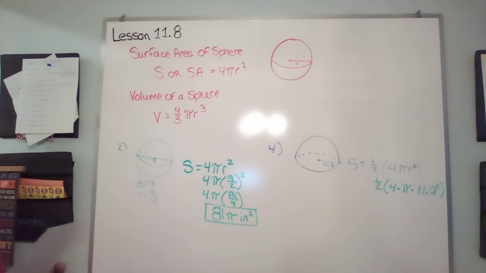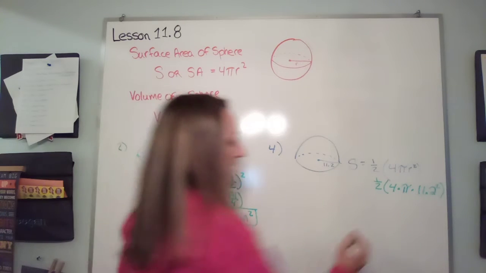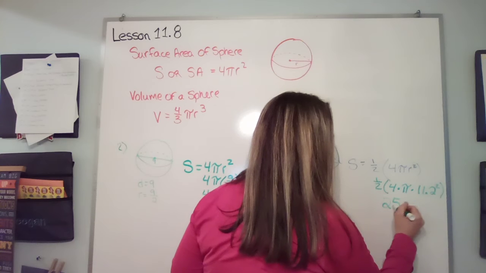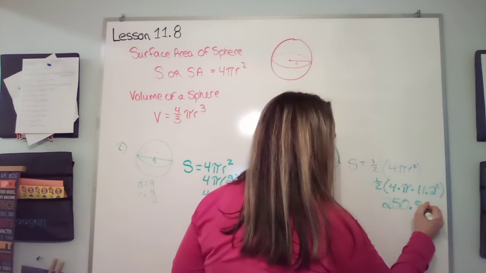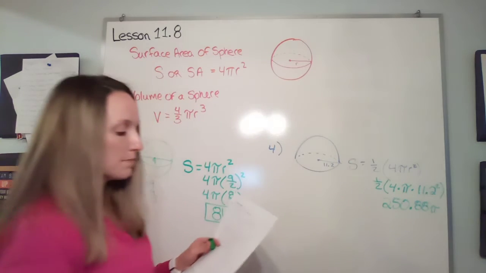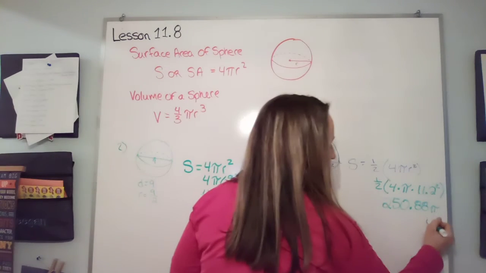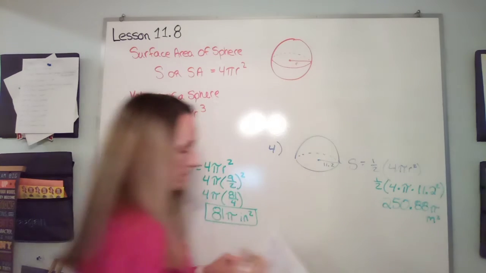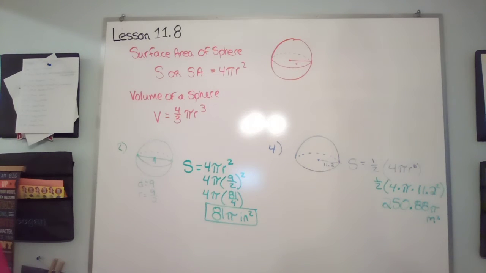So you're going to multiply that all together, and when you do so, you're going to get 250.88 pi, and the units are meters squared. Very nice.